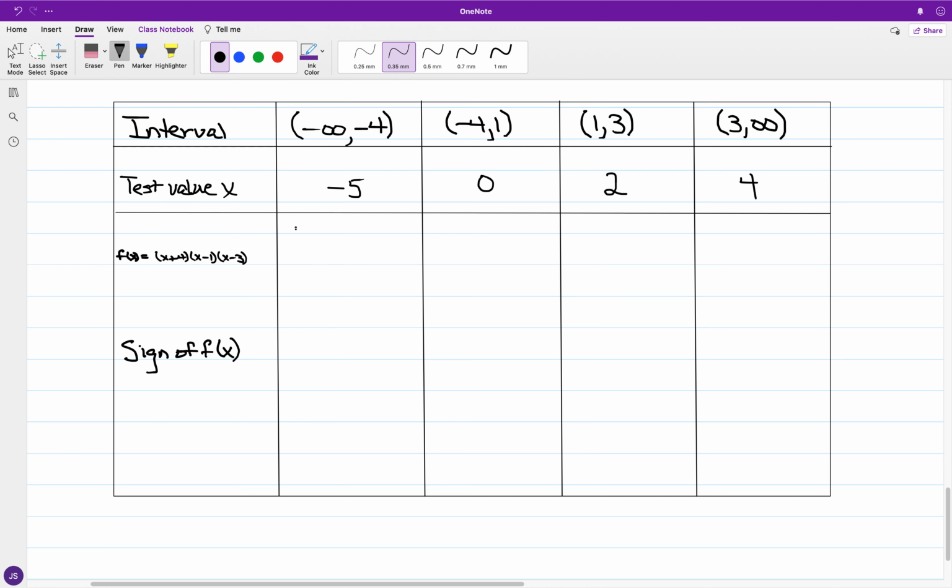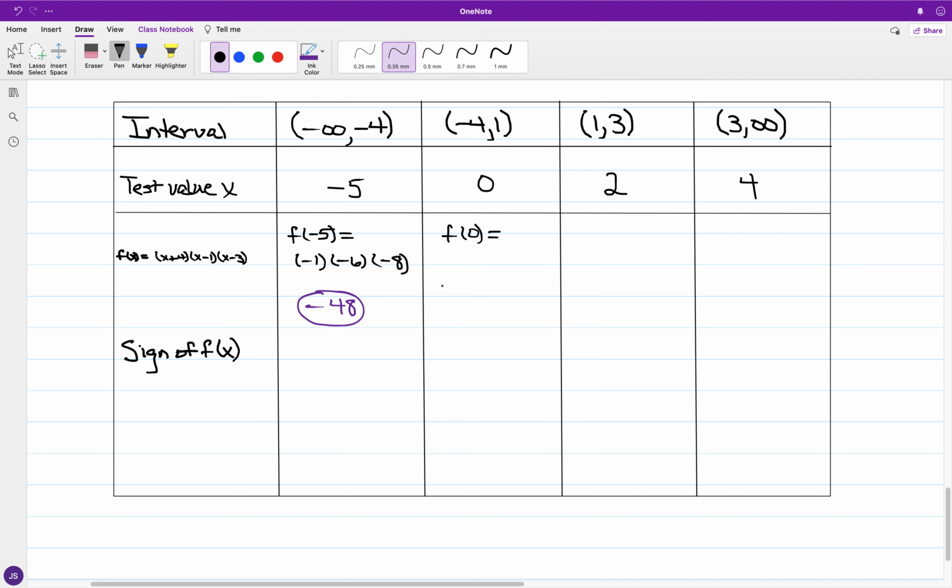Now for the value of the function for each of these inputs. With -5 as the input, you have -5 plus 4 is -1, -5 minus 1 is -6, -5 minus 3 is -8. So for the output, this is going to be -48.